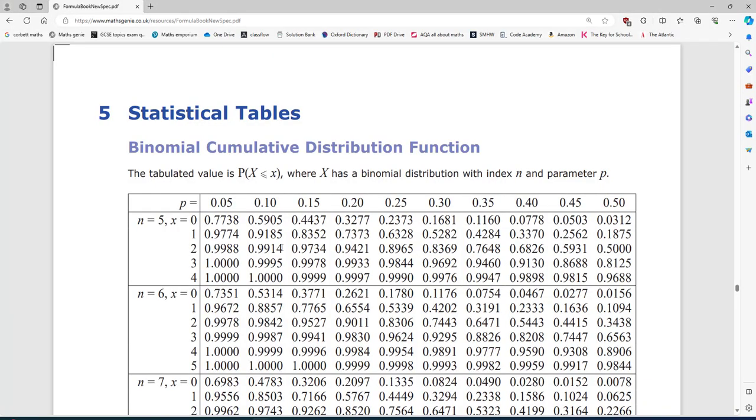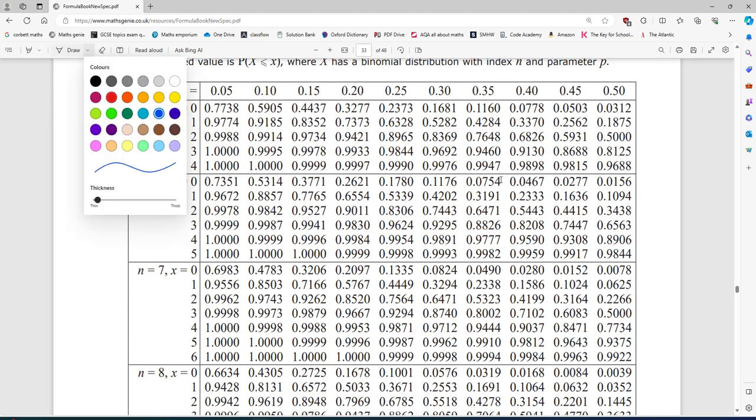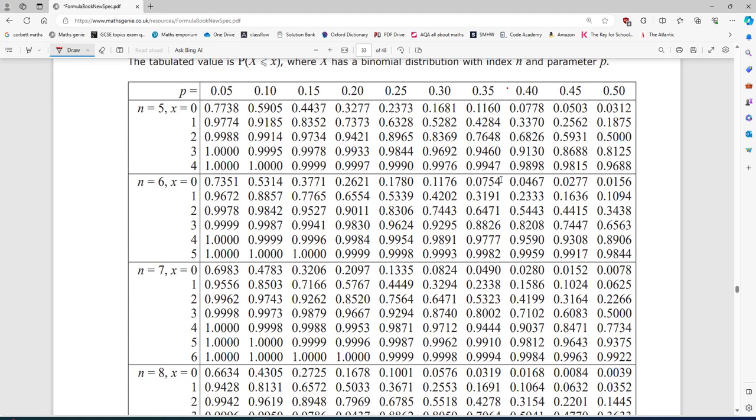We want n equals 6, p is 0.35, and we're going to go down this column and find the first value which is greater than 0.95. So we're in the row of n equals 6, the column of 0.35, and we scroll down, and this is the value that we need, and that corresponds to the probability that x is less than or equal to 4.